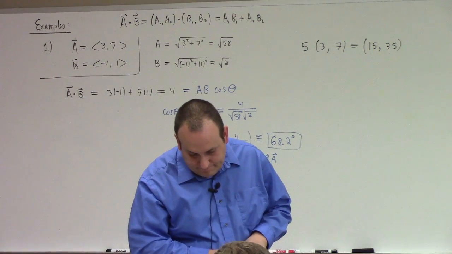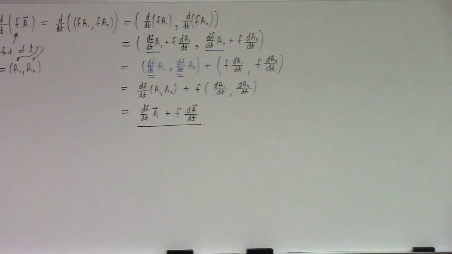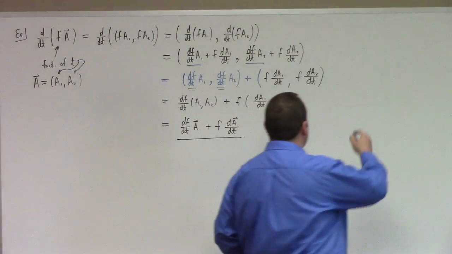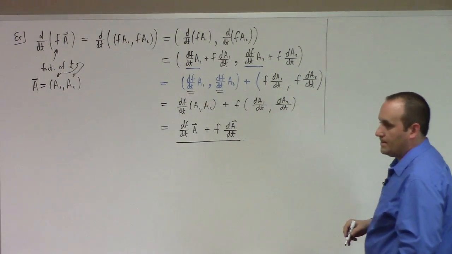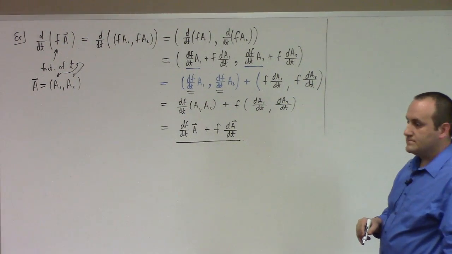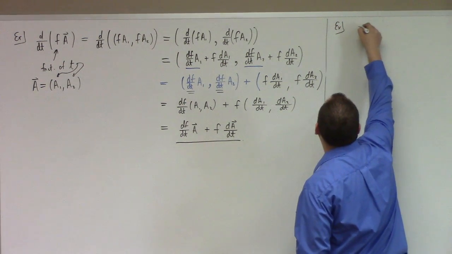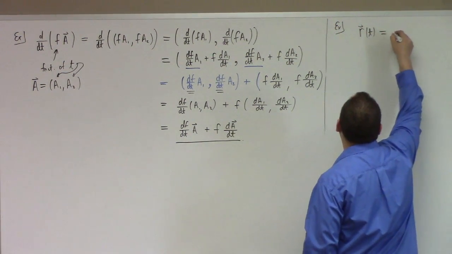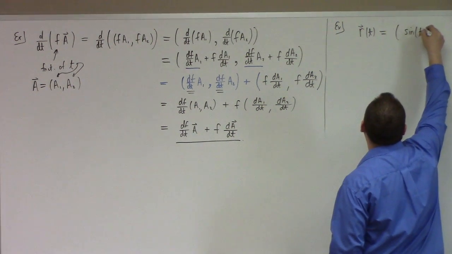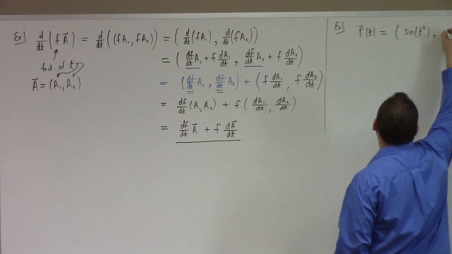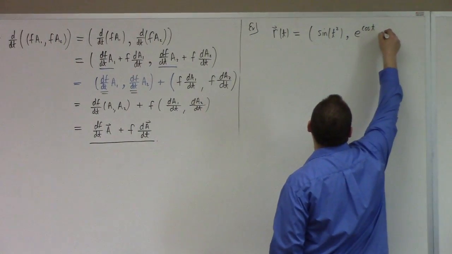Okay, let me do another example, unless there's a question. What if we had r(t) equals, let's say, (sine of t squared, e to the cosine of t plus t)?